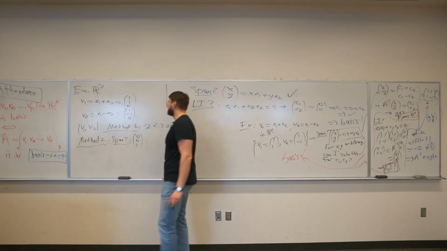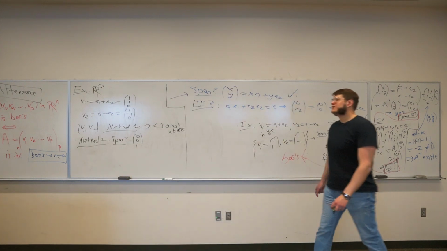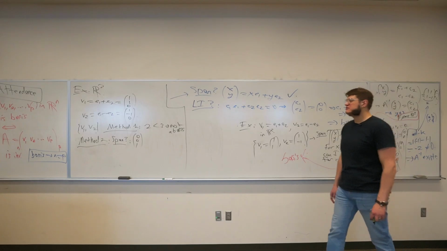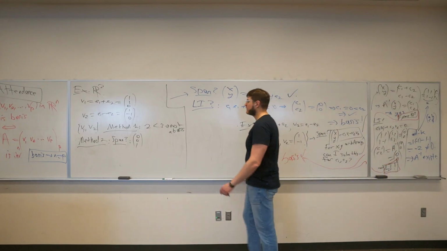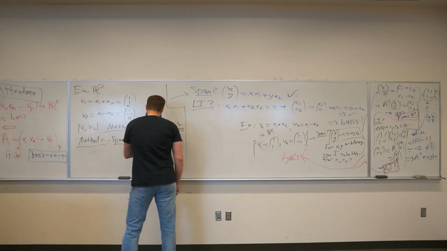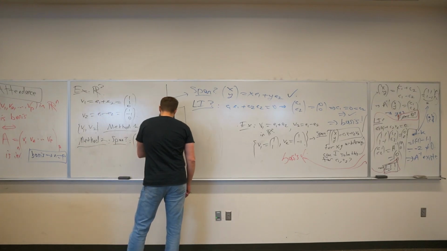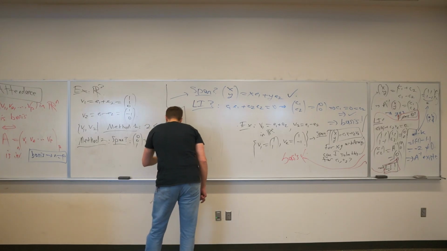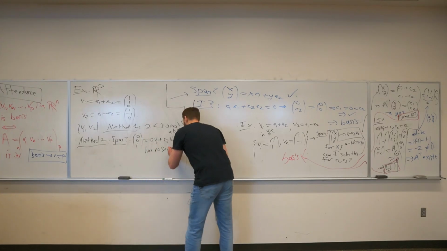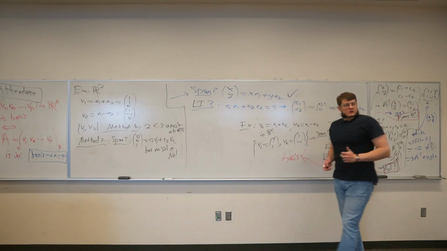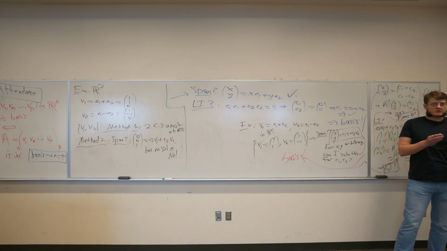Well, in this case, you can eyeball and realize that V1 and V2 don't allow you to move in the z direction. So if I were to, for instance, look at 0, 0, 1, you wouldn't be able to write this as a linear combo of these 2. Has no solution. So no. Okay?